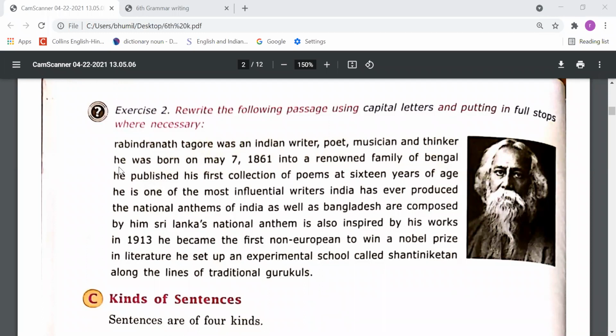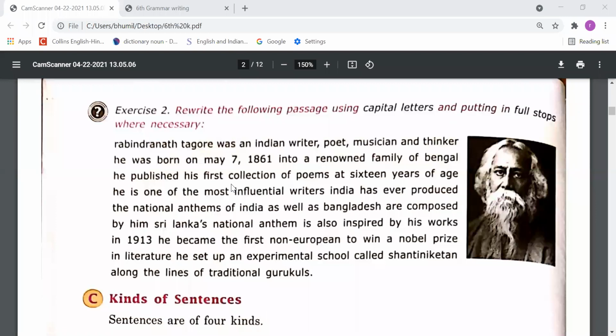Then we need to make the word he capital, meaning H capital we have to write. Then May means M capital we have to write because May is a month name and month names are proper nouns. And secondly, Bengal. Bengal is also the name of a place, so we need to make B capital here. Then he published his first collection of poems at 16 years of age.